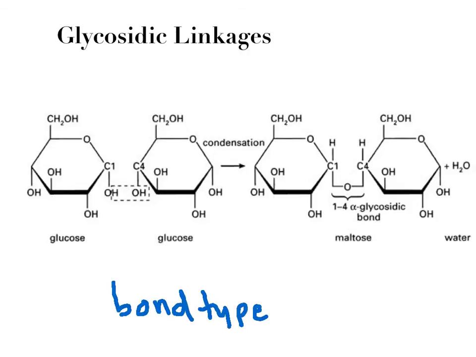So this graphic is showing you a condensation reaction, and the condensation reaction is linking together two OHs on two glucoses. When we put two glucoses together, you make maltose. And the bond that's linking it together, we can see this bond right over here with the oxygen.